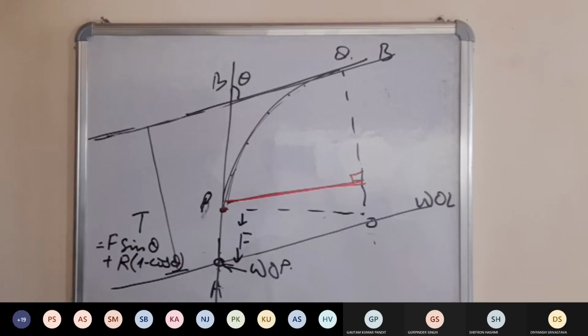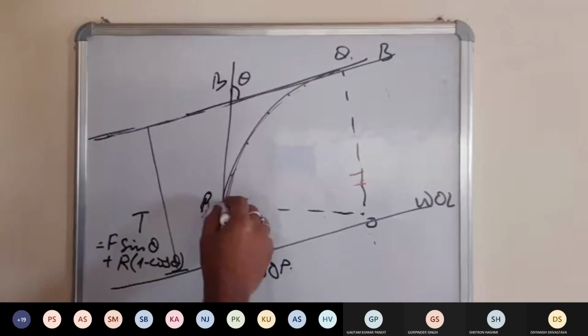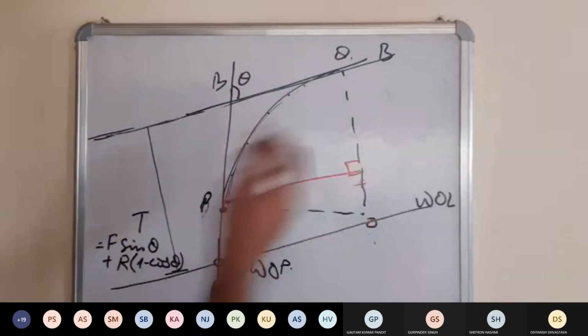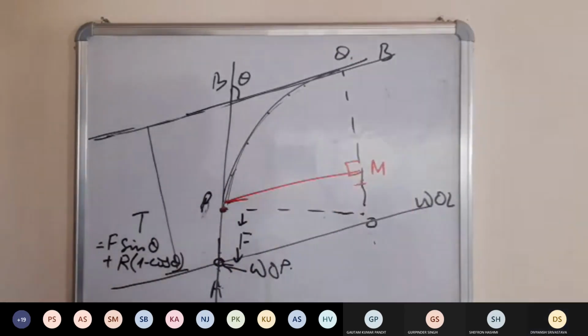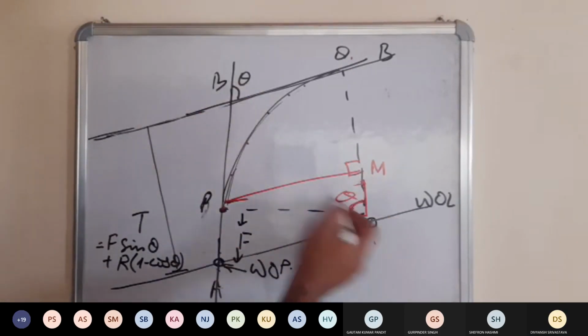Correct? सही है या नहीं? हाँ सर. Let us say it is coming at M. This angle is theta. Because it is theta, the same angle is subtended at the center also.